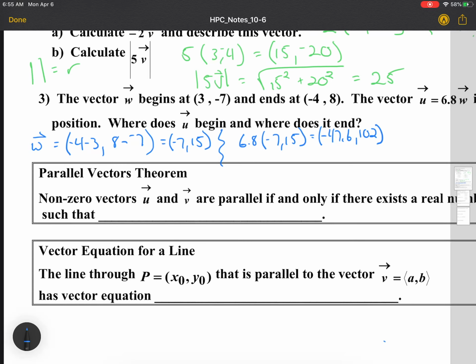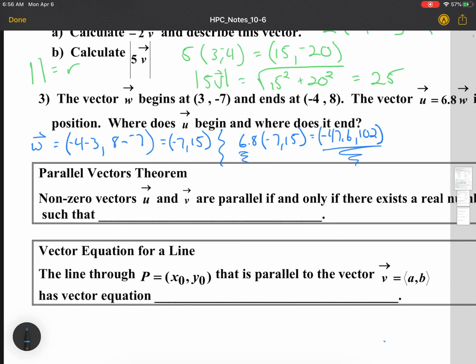Now, because we know that w is in standard position and we used the scalar of 6.8, what this tells us is where u begins and ends. We turned it into standard form, so it begins at 0, 0 and it ends at -47.6, 102.